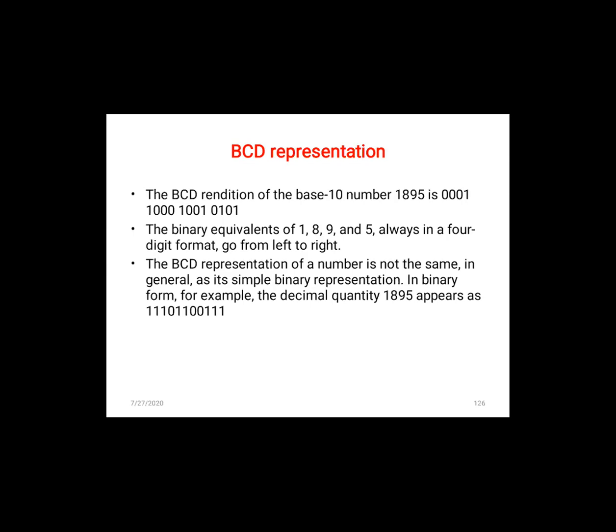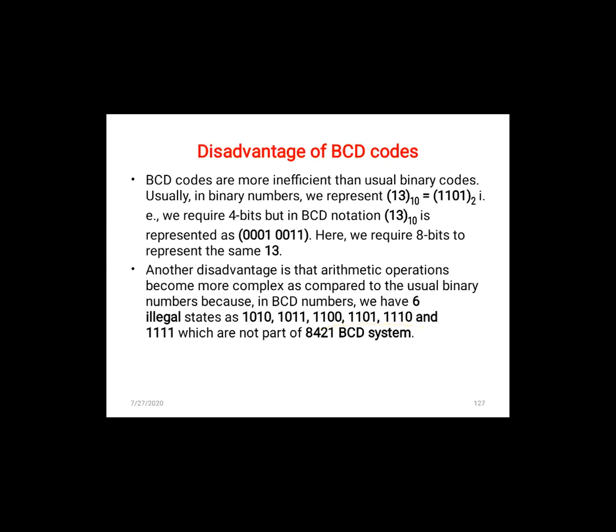Like suppose I give you the number 13. If you are converting to binary, it is 1101. But if I go for BCD notation, what I will do is write 1 separately. 1 is separate and 3 is separately, that is 0011.